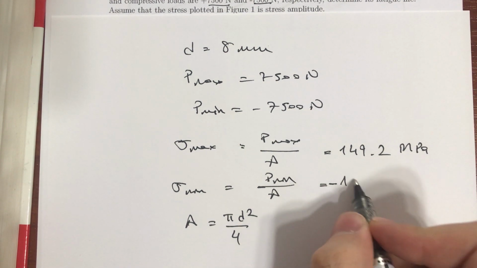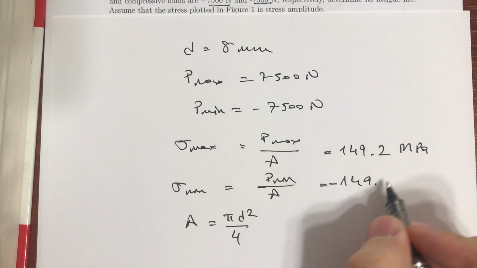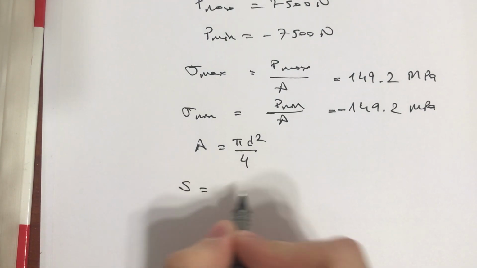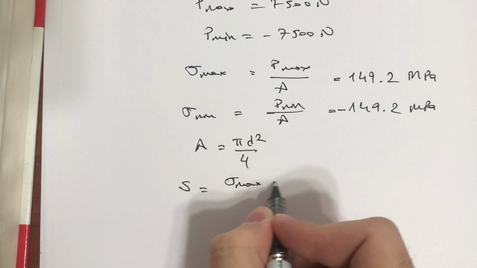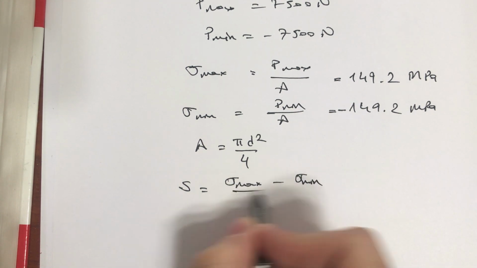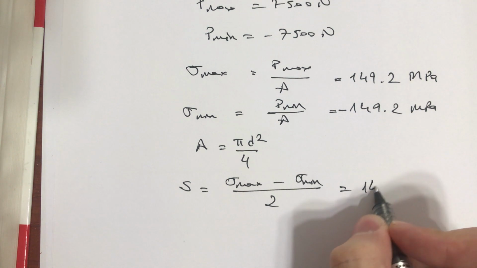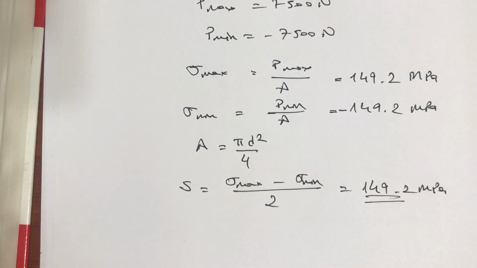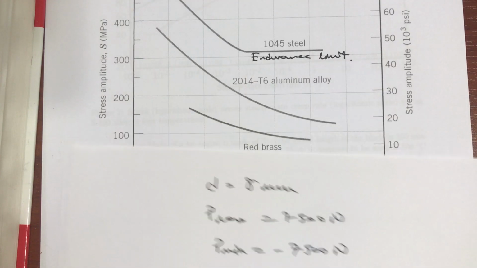Also for the minimum, minus 149.2 megapascals. The amplitude S is then going to be sigma max minus sigma min divided by 2, which is going to be 149.2 megapascals again.